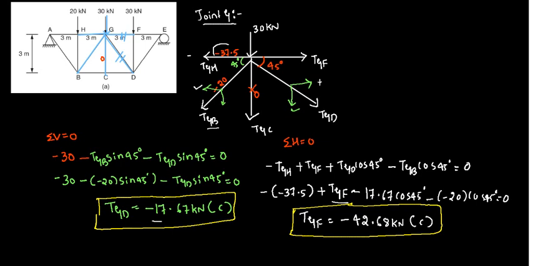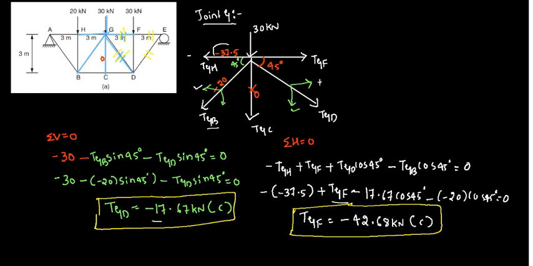So now, by applying this, we have the values of TGD and TGF. The remaining unknowns in the entire truss are TEF as well as TED. Either you can consider joint D or joint E, and you can easily find the remaining unknowns, right?